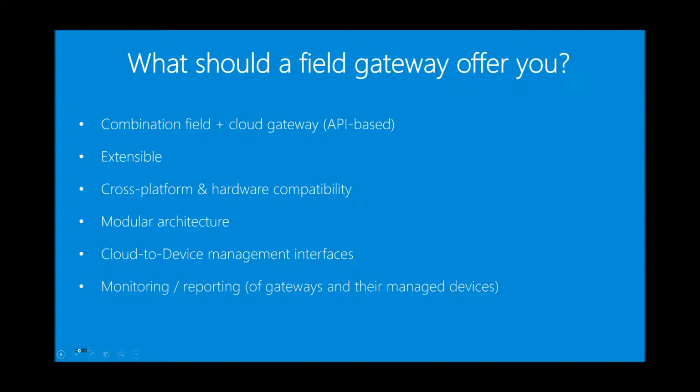The next point is related to point number 2, which is a modular architecture. And later I'm going to show you an example of that. What does that mean? It means that your gateway, apart from being extensible, should offer you a modular architecture so that you can plug in the different modules that you need in order for your field gateway to provide the features and the analytics that it's supposed to provide.